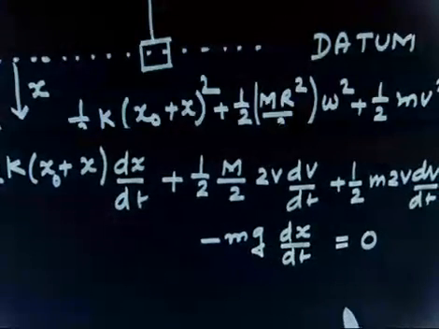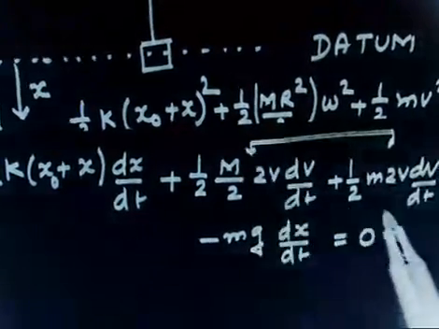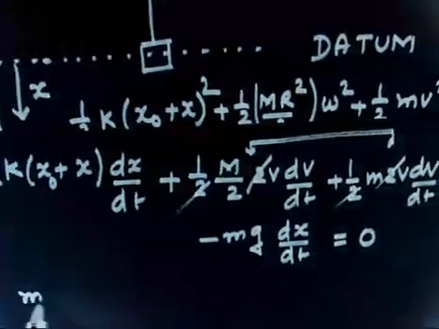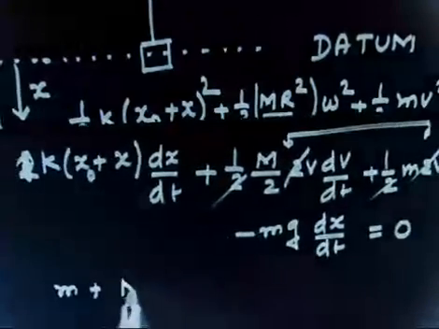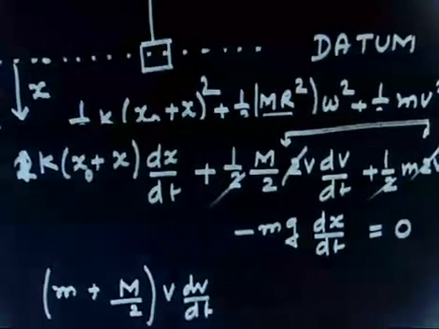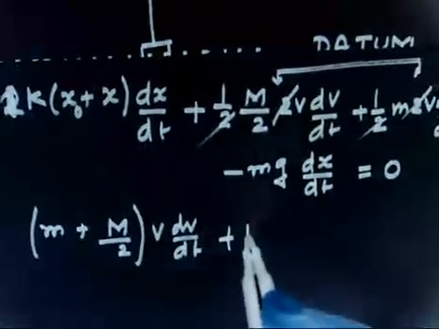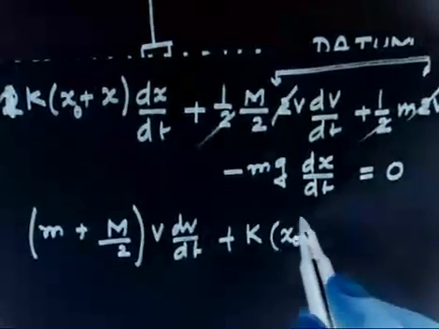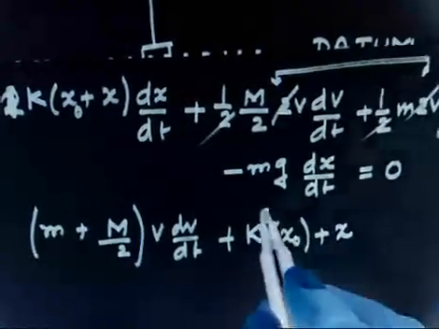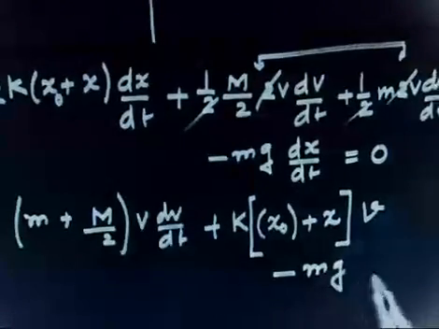Now let us club these two terms together. This 2 goes, this 2 goes, so we will have (m plus M by 2) v dv by dt. I think all of you are getting this one, there is no difficult mathematics. Now we will have plus k (x naught plus x), and let us put dx by dt as v, minus m g dx by dt as v, equals 0.